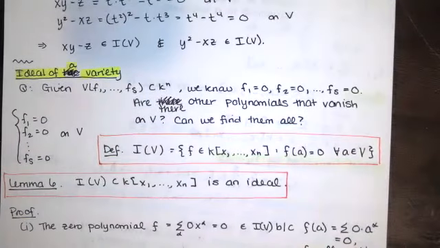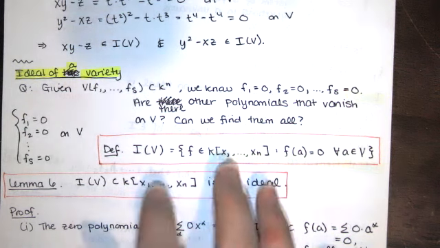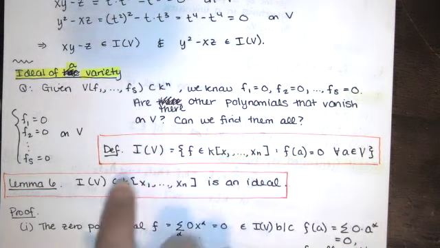So we're answering this question. If we do have an affine variety, that's a set of points in n-dimensional affine space, we know that certain polynomials are equal to zero. The question is, are there other polynomials that are equal to zero or that vanish as well? And can we find them? The set of all polynomials that equal zero on that set of points V is called the ideal of V. And we proved that this was an ideal.